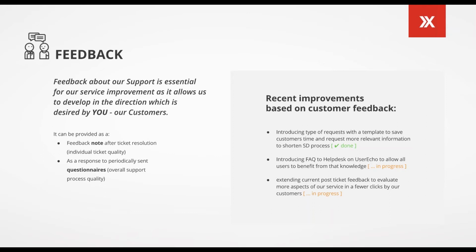This is part of our ticketing system. It can be provided as a note after ticket resolution. So just when the ticket becomes resolved, you will be prompted for an answer. You can decide whether we were helpful or not, and then you can leave a note about what we could improve or what was as you expected.